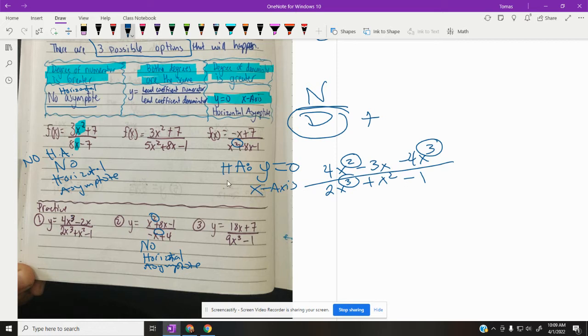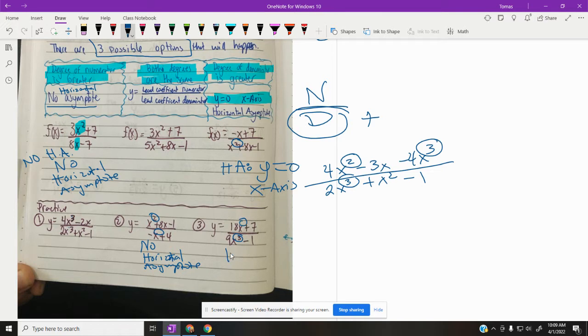Without a doubt. So if the degree in the numerator is greater, there's no horizontal asymptote. But if the denominator is greater, then y equals 0 is your horizontal asymptote. So like right here, notice these are the same. Right here, this one is greater than this one.